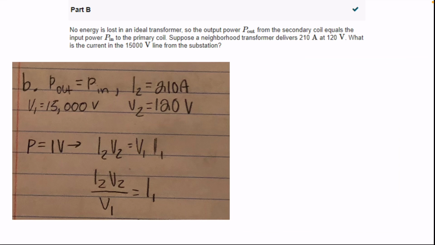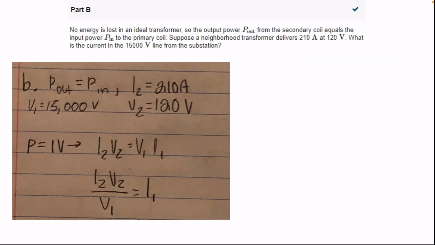So as I said, P out is going to equal P in this case, and we know that P always equals current times voltage. So the current of the input times the voltage of the input has to equal, vice versa, the current of the output times the voltage of the output.